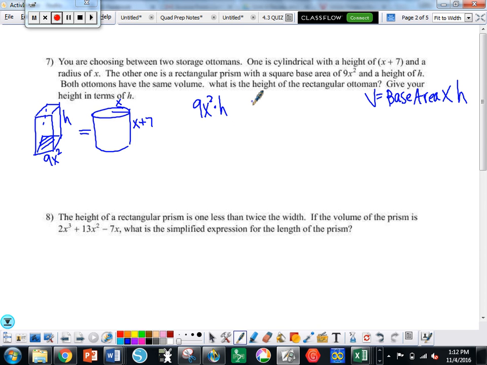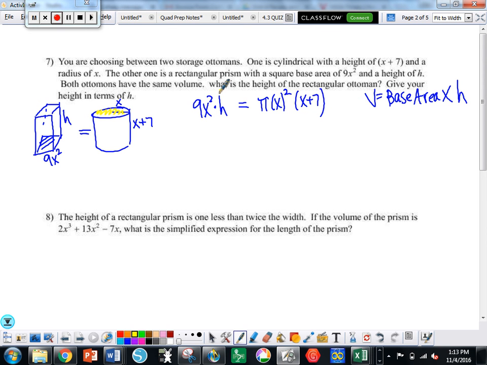Now in order to do this, you have to find the area of the base. The area of the base is pi r squared, so pi x squared times the height. We know that these two volumes are the same.